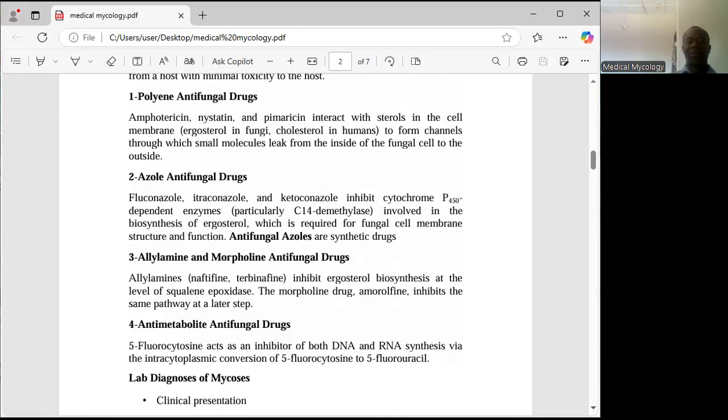Then we have antimetabolite antifungal drugs, such as 5-fluorocytosine, which acts as an inhibitor of both DNA and RNA synthesis via the intracytoplasmic conversion of 5-fluorocytosine to 5-fluorouracil. So these usually affect the formation of RNA in the fungi.